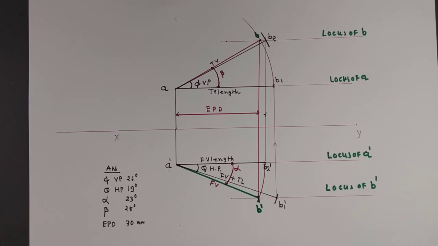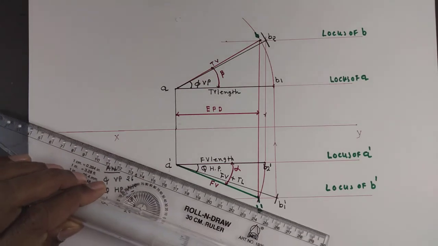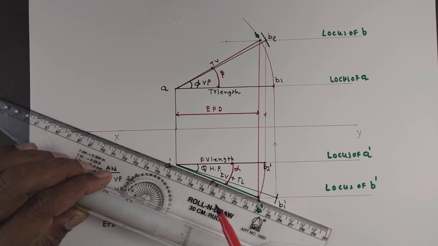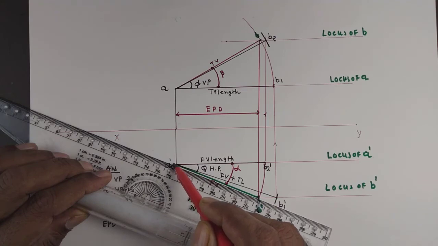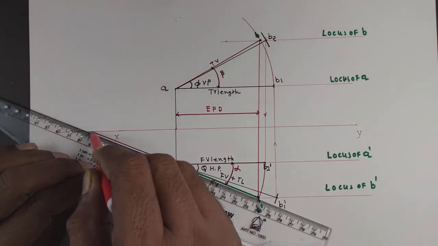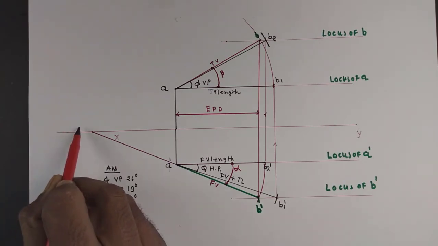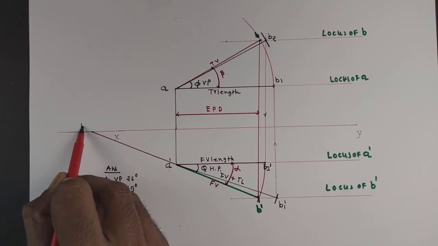Horizontal trace and vertical trace. It is called HT and VT. So for the horizontal trace, you extend your actual elevation, front view, A dash B dash line up to XY line. And where it intersects the XY line, this is our H point.